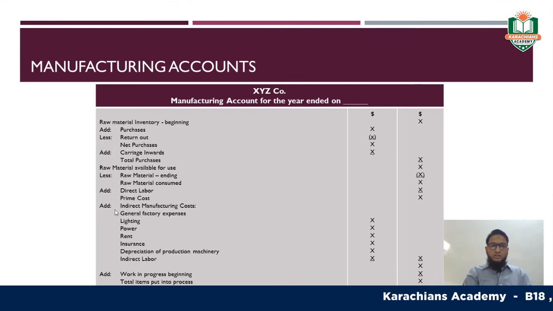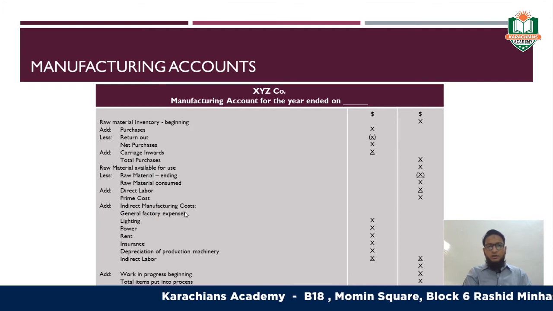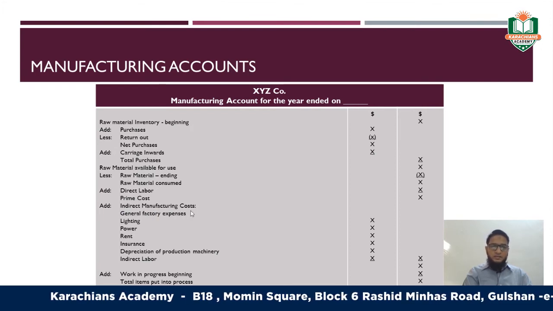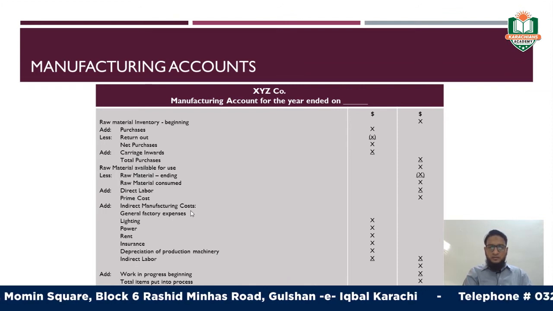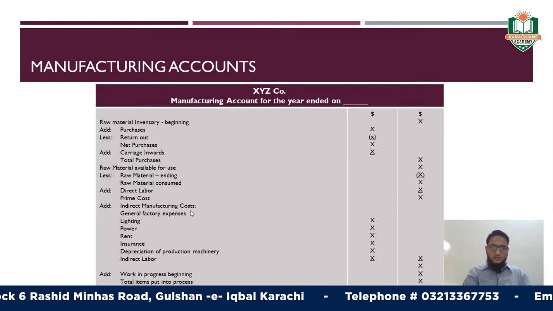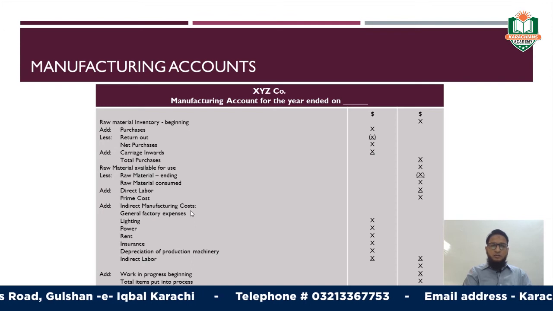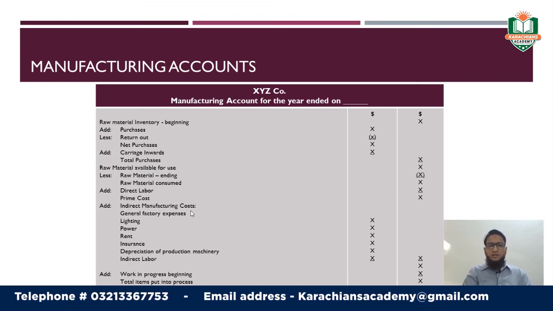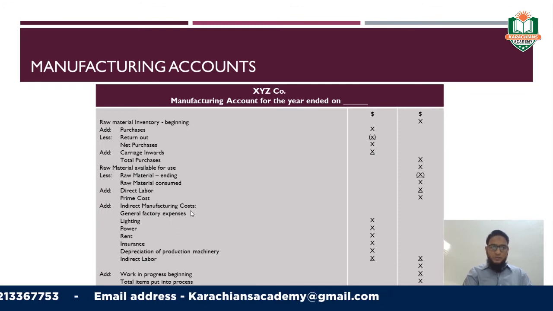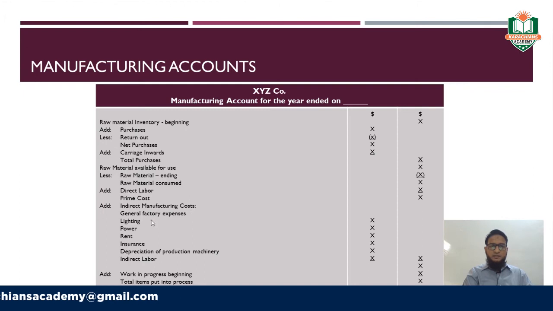Now you have to add the indirect manufacturing costs as well, right? These are also those costs which you are incurring in order to manufacture your goods. These will also be termed as the manufacturing overheads, factory overheads, and production overheads. Manufacturing overheads, production overhead, factory overhead are other names of indirect manufacturing cost.